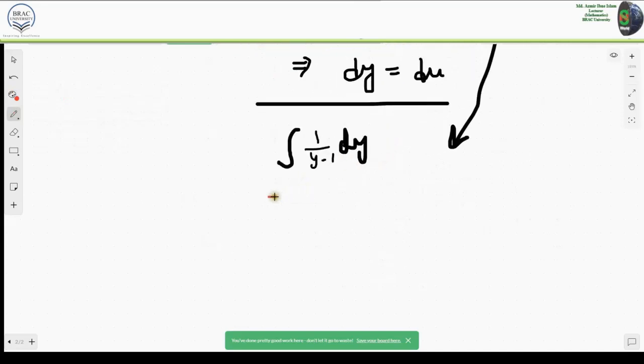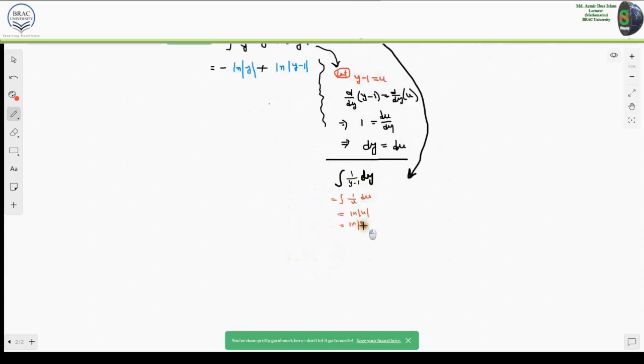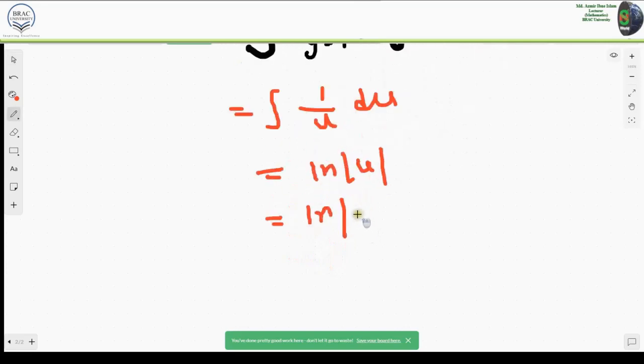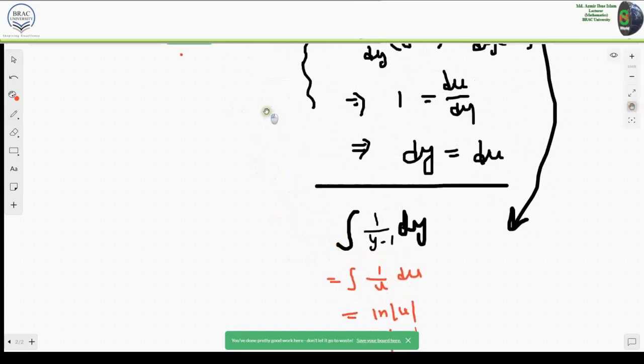That means integration of 1 over u du. So it is ln modulus u, so that means you can write natural logarithm of absolute value of u. Get back to y minus 1 again, that means you have natural logarithm of absolute value of y negative 1. In short, ln modulus y negative 1.